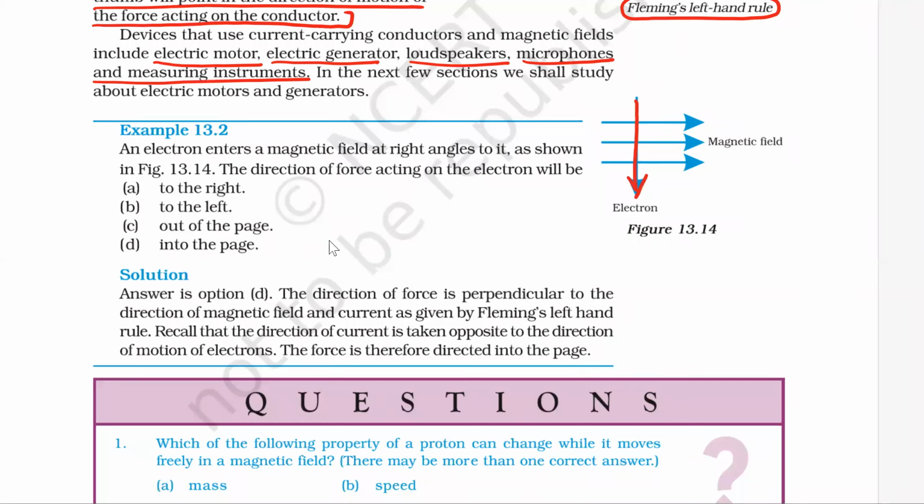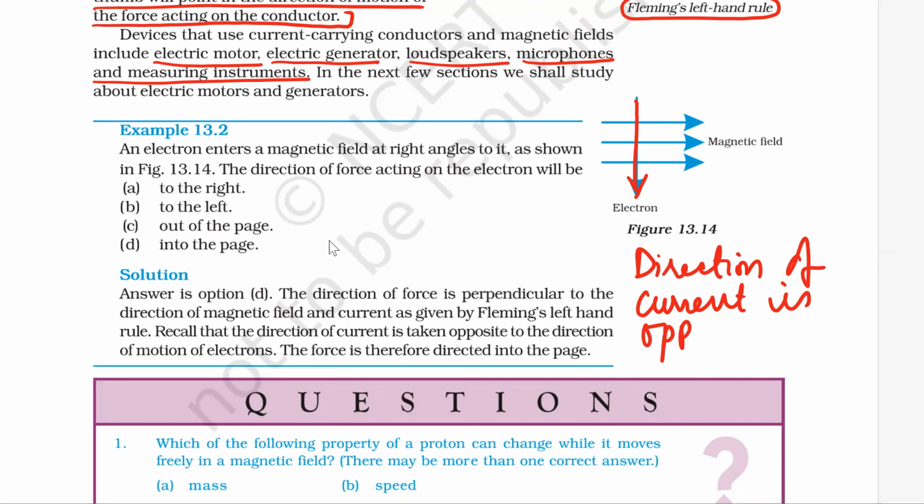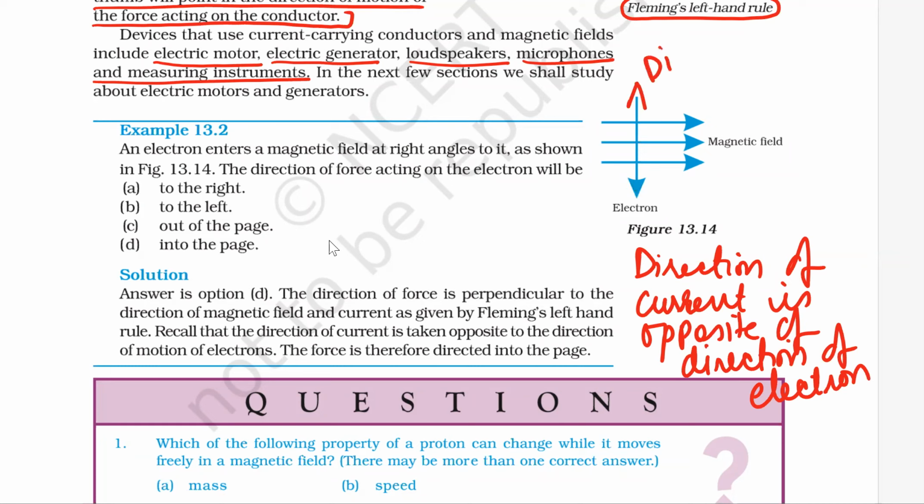Always remember, direction of current is opposite of direction of electron. So if direction of electron is this way, what will be the direction of current? Direction of current is this. This is direction of current. This is direction of magnetic field.